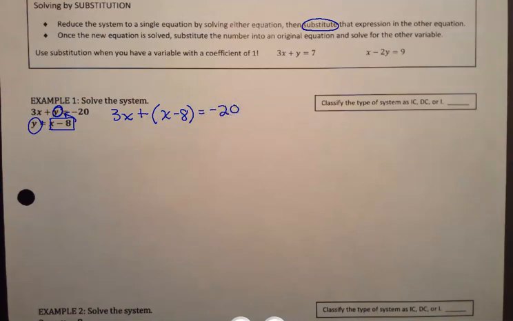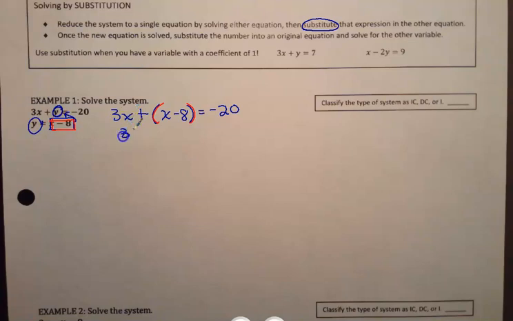The part that we substituted in came from right here, x minus 8. But now we can solve this for the variable x because I have two x's instead of having an x and a y. That's the goal.